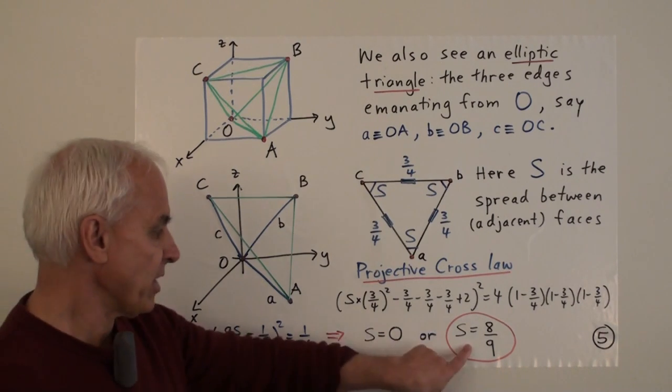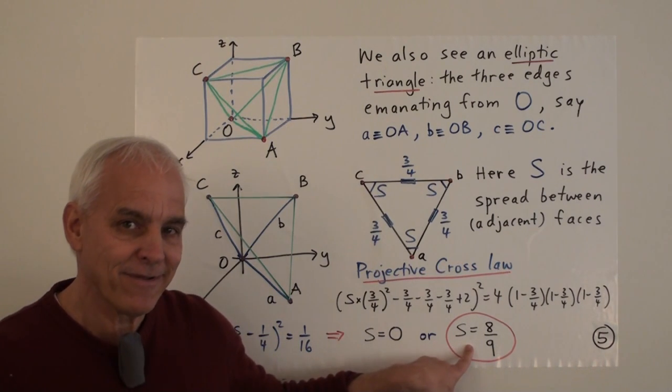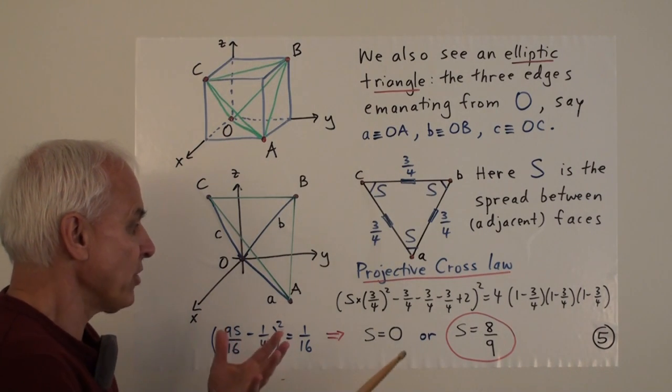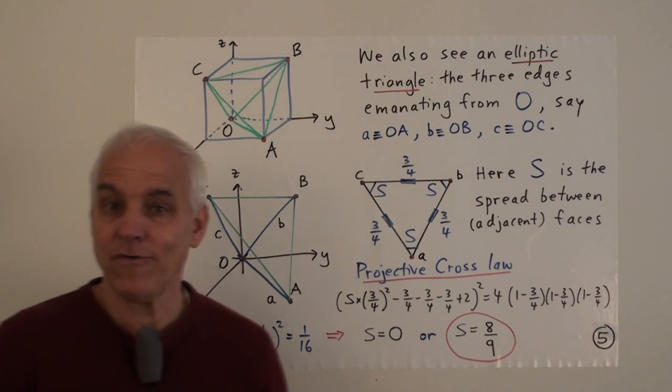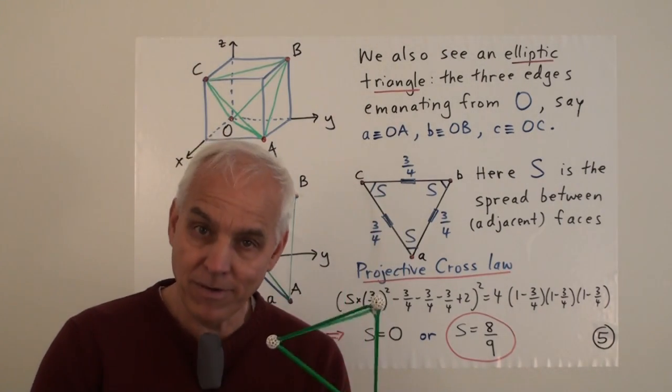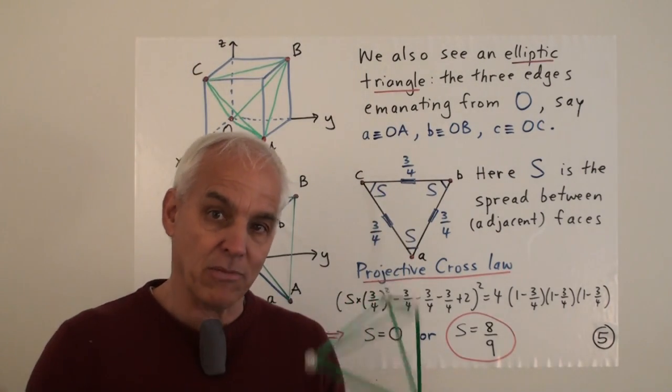This is a very interesting number that appears, and it's an intimate part of the geometry of a regular tetrahedron that really only becomes visible once you adopt this rational point of view.